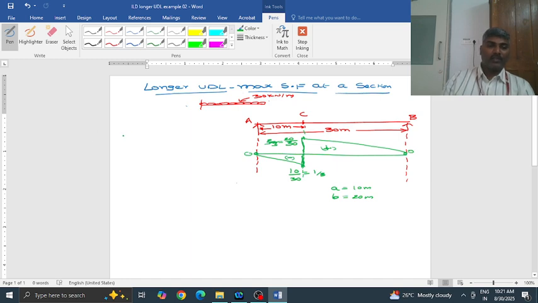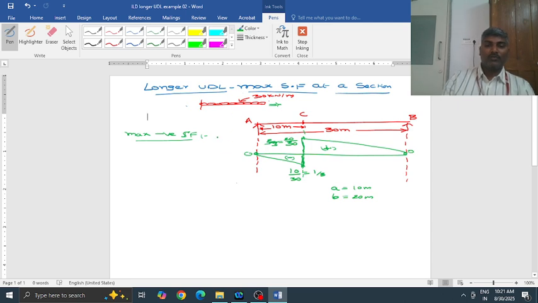Now, if you want maximum shear force, let us say you want maximum negative shear force. First we will calculate maximum negative shear force. If I want maximum negative shear force, how do I place the UDL?